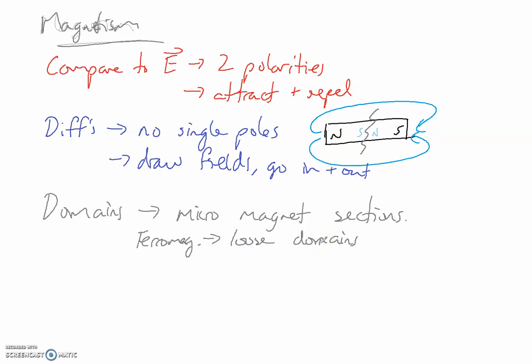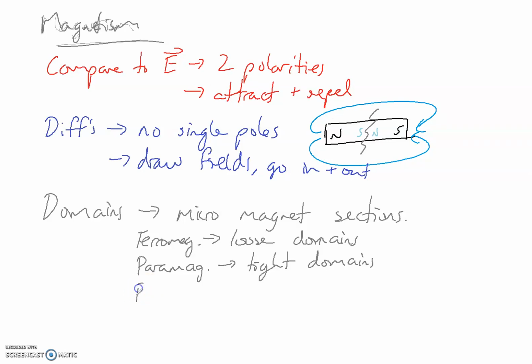We also looked at paramagnetic last year. So there's paramagnetic as well, and these guys have typically really tight domains. So they might try and move a little bit, but generally they're kind of rigid, so they're not really going anywhere.